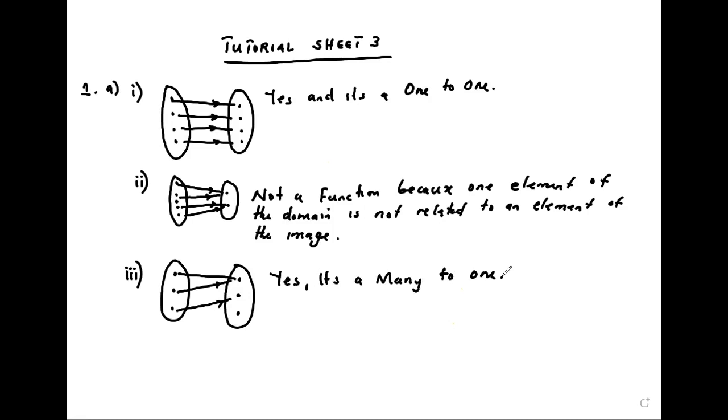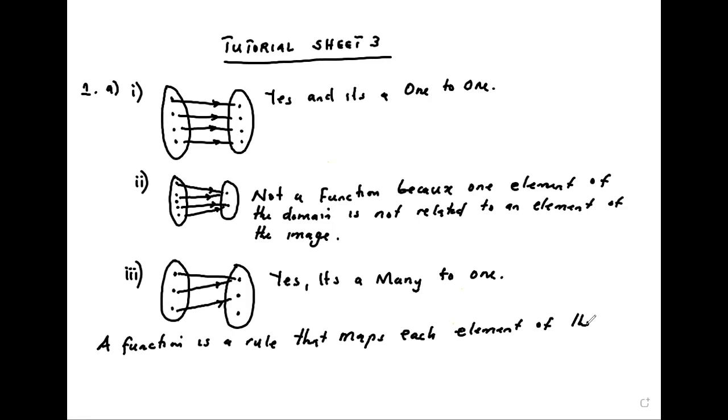Because even in the definition we said a function is a rule that maps each element of the domain to a unique element of the image.